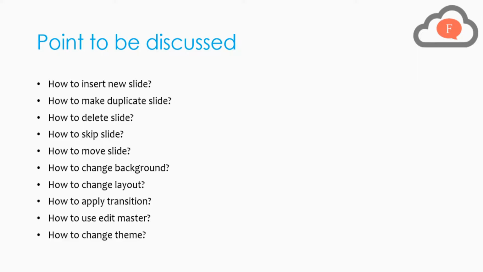In this video, I will tell you how to insert a new slide, how to make a duplicate slide, how to delete a slide, how to skip a slide, how to move a slide, change background, layout, apply transition, how to use edit master and how to change theme. All those points will be discussed in this video in our slide section. Now to discuss all these things, let's move in our Google Slides and see how everything works.